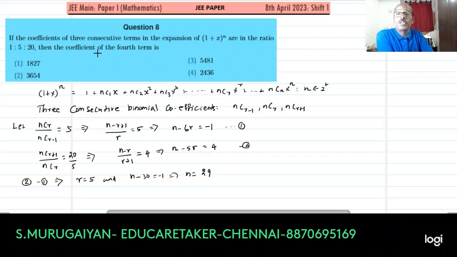The coefficient of the fourth term. The coefficient of the first term is NC0, second term NC1, third term NC2, fourth term NC3.